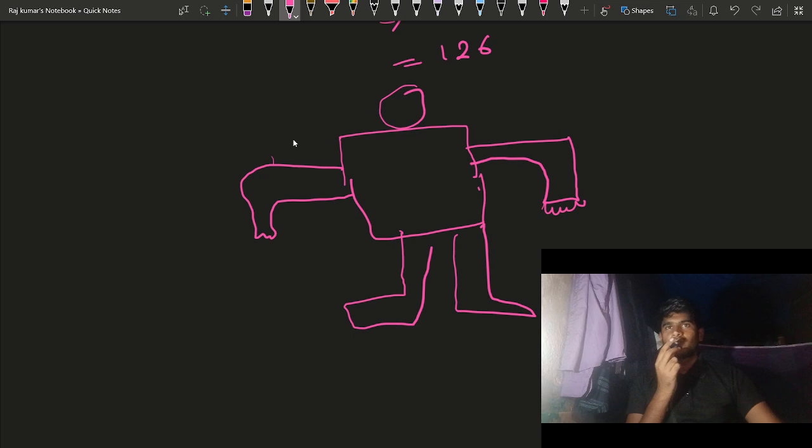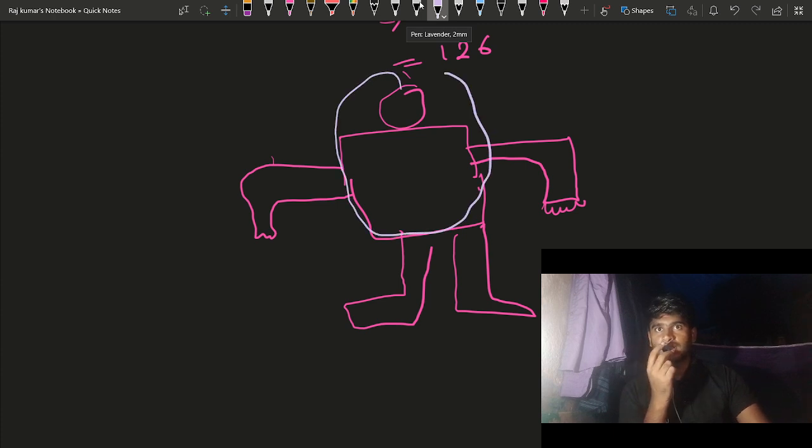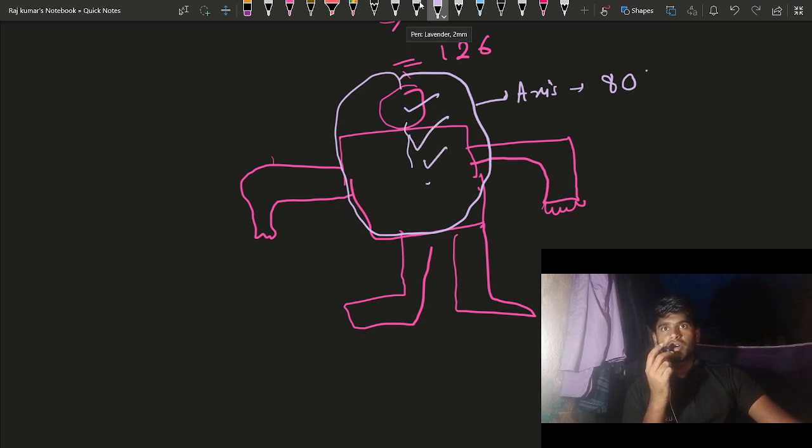Okay, so this whole region is known as axial, and the axial skeleton has a total of 80. In axial we see the head, this whole body part, the vertebral column, and so many parts.